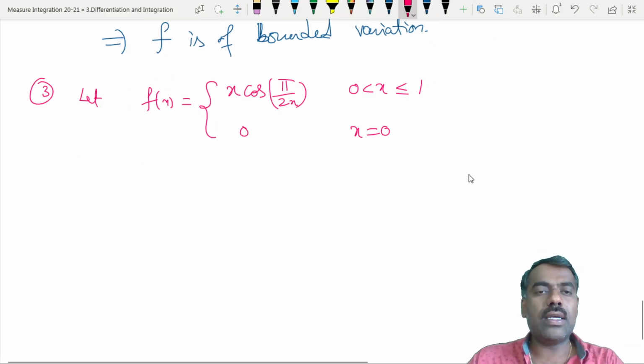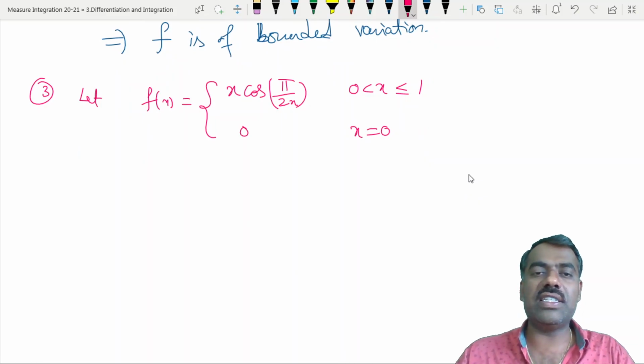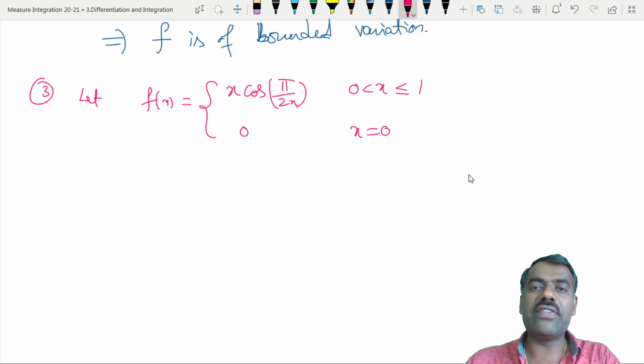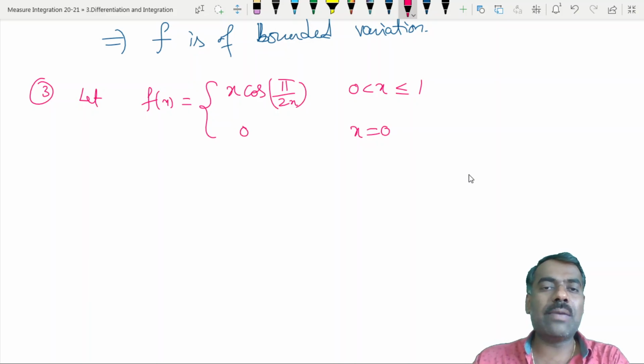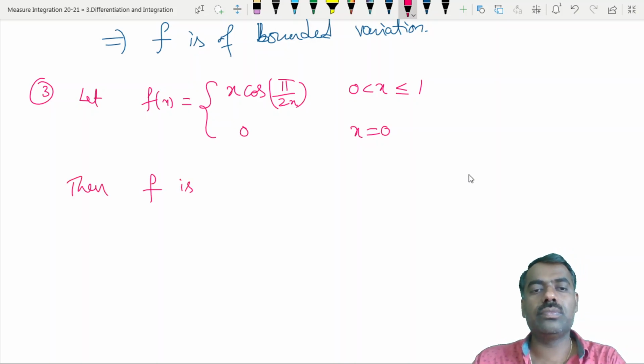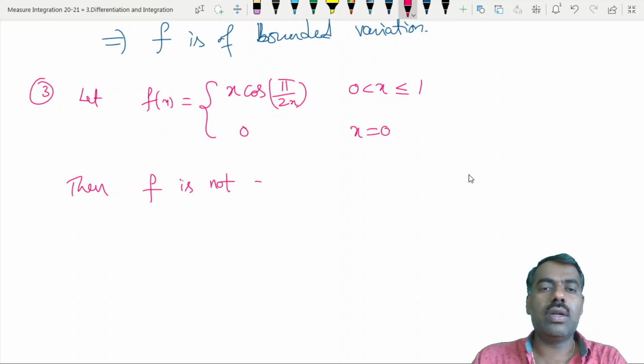Then we will show that this f is not of bounded variation, but one can observe that f is continuous here. So you can write this statement: then f is not of bounded variation.